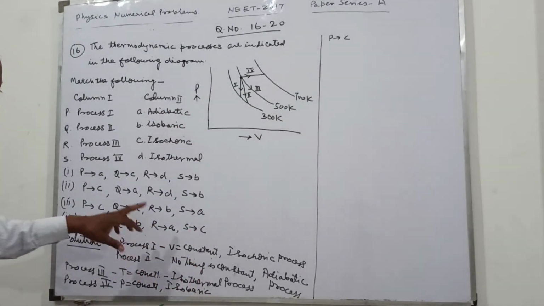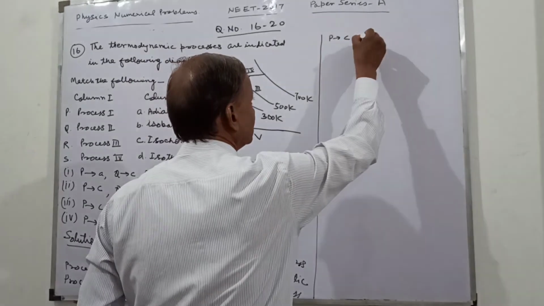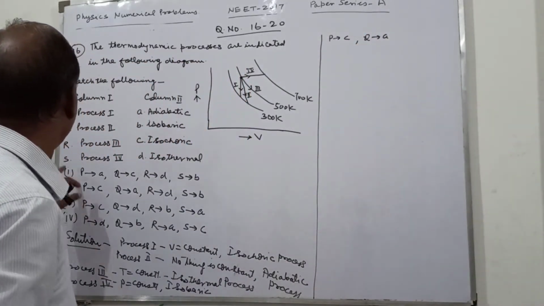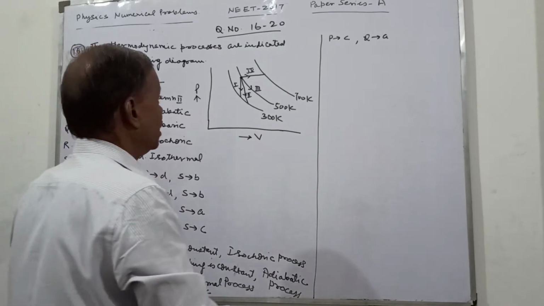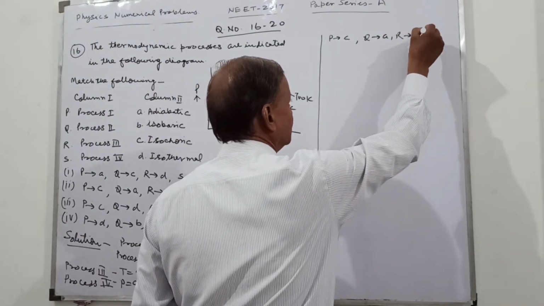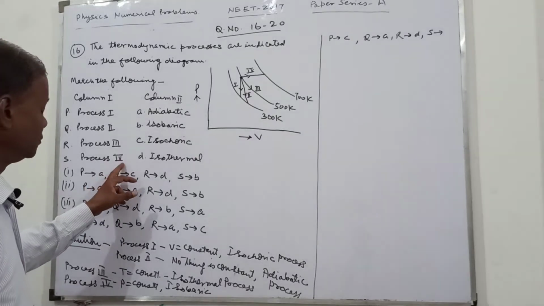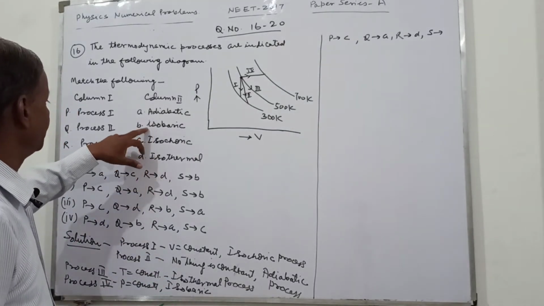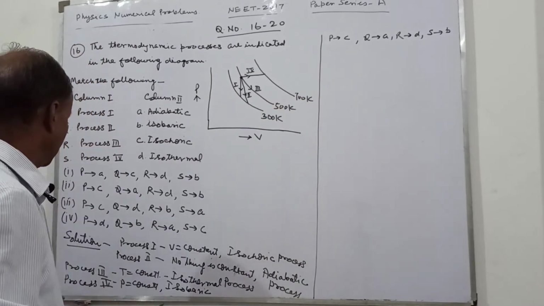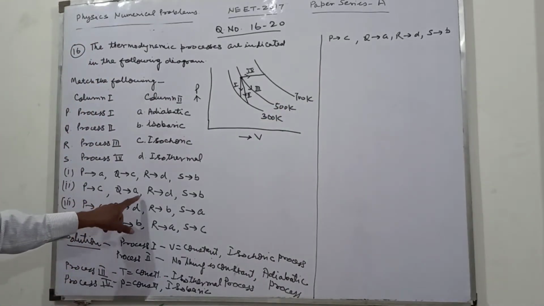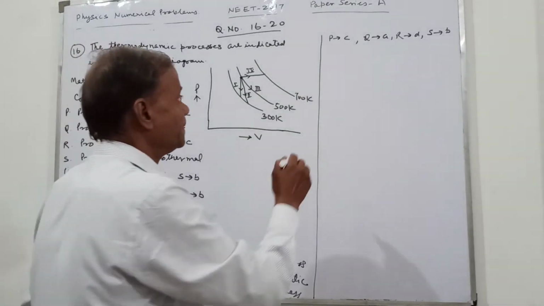Process second, nothing constant, adiabatic, so Q to A. R, process third, isothermal, so isothermal is D. So R to D. Now then S, process 4 is isobaric, so isobaric is B. So this is the correct relation: P to C, Q to A, R to D, S to B. So our right option is second. This is our right answer.